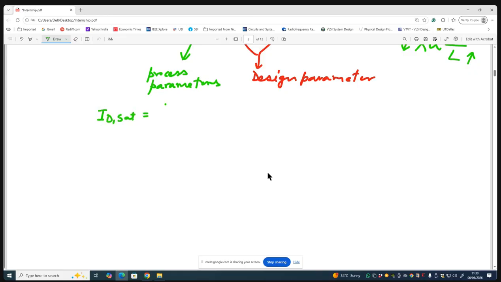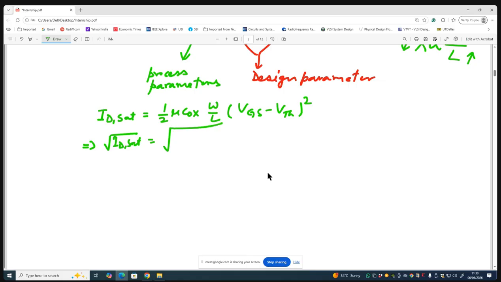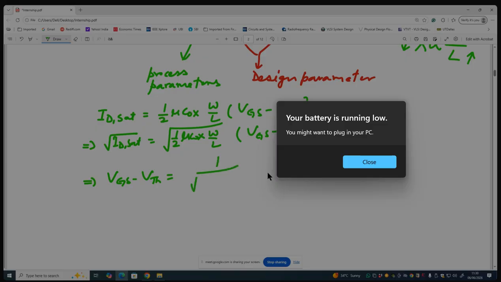I can write ID sat is equal to half mu Cox W upon L (VGS minus VTH) whole square, or I can write it like this: square root of ID sat is equal to square root of half mu Cox W upon L times (VGS minus VTH), which can also be written as VGS minus VTH is equal to 1 upon square root of half mu Cox W upon L times square root of ID sat, right? Do you agree?